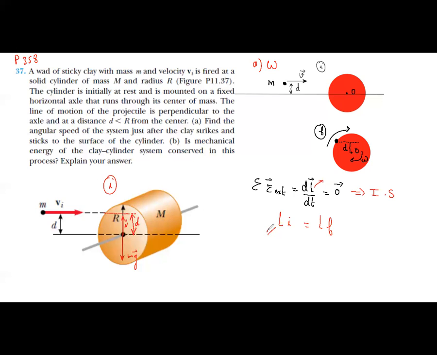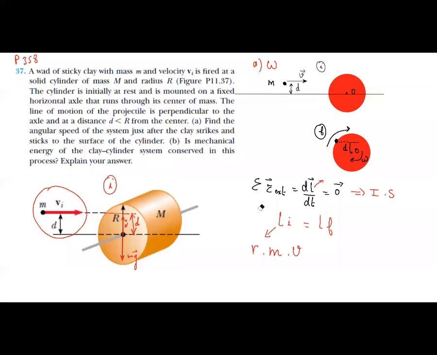In the initial state, we have only the motion of m. In the case of a translational motion, L is equal to r times m times v, or we can say r cross p, where p equals mv.